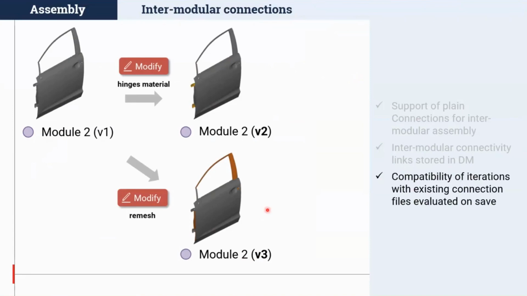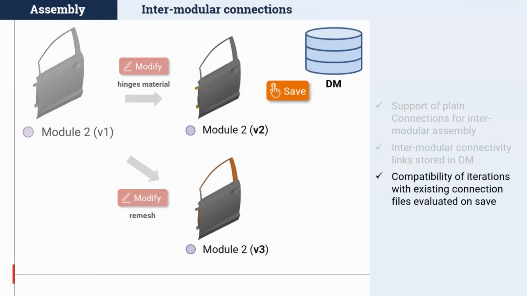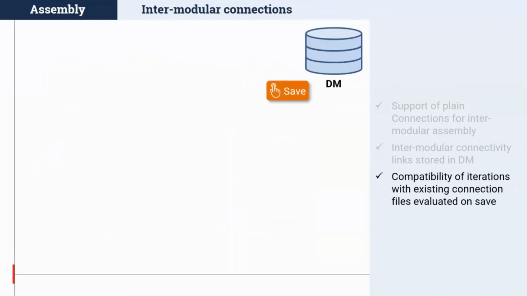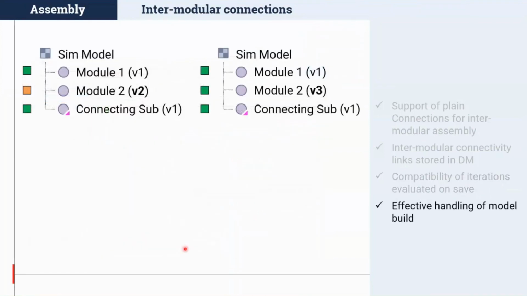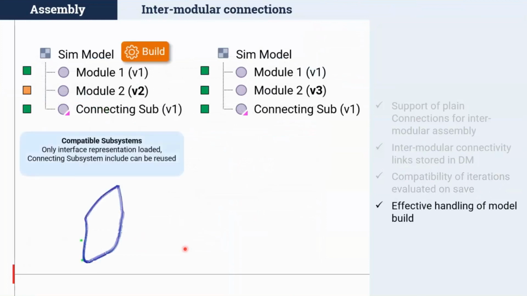So once we store these two different versions into the DM, users will automatically be able to see from the connecting subsystem itself that it is now referencing two more versions of the same subsystem, that is module 2, and it also flags compatible and incompatible flags. So what do these compatible and incompatible flags allow us?